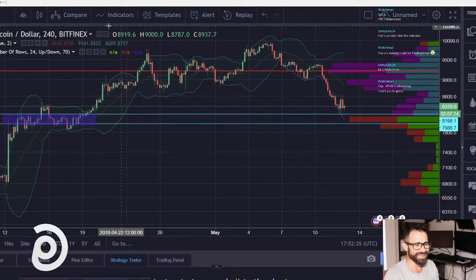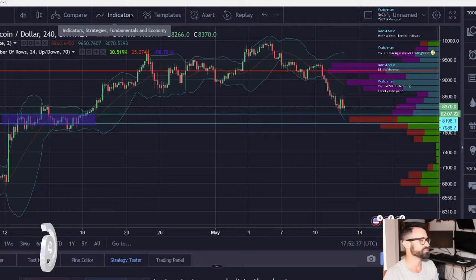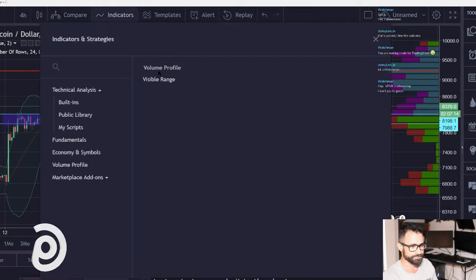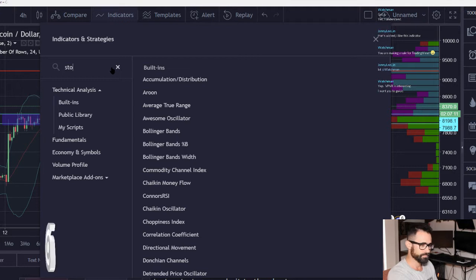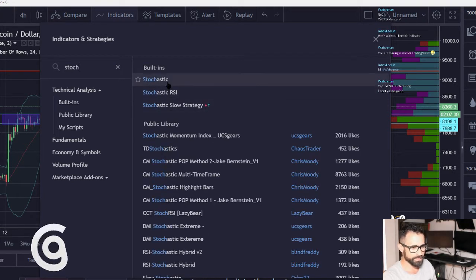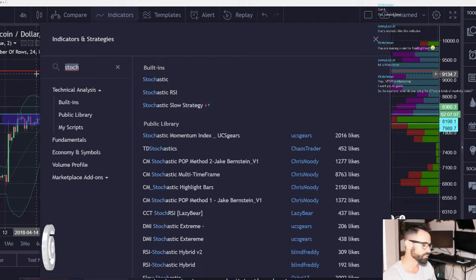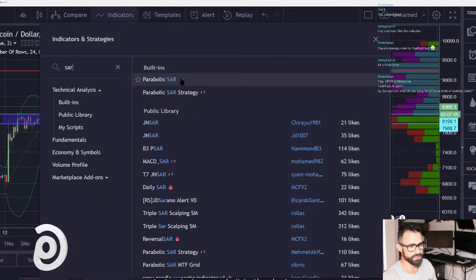Alright, so let's go ahead and add a stochastic here, because I've done two with the RSI. We could do a stochastic, and we could even add our DMI back in. What about a PSAR, right? Parabolic stop and reverse. Let's do that.